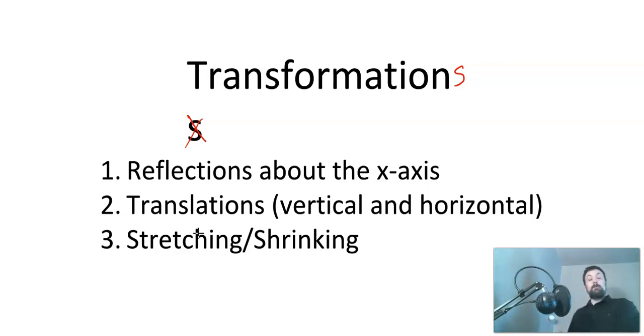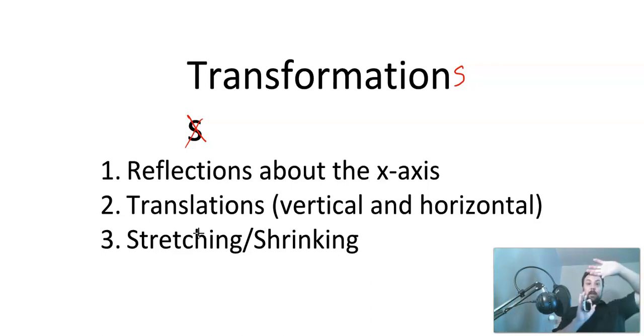Another type of transformation would be translations. And there are two kinds of translations. A translation literally just means moving the graph from one spot to another. So reflection is flipping it over. I like to use the analogy of, on your computer, you can take an image and flip the image over.